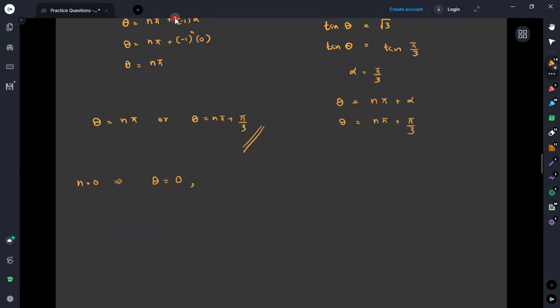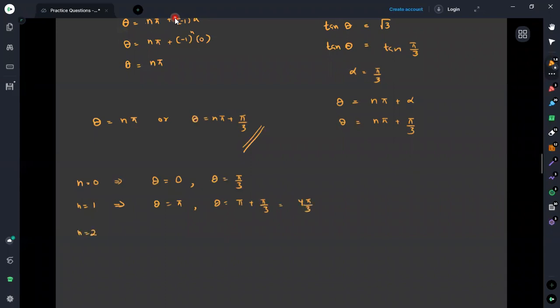And if you are substituting n equals 0, then we'll get theta equals pi over 3, which was the principal solution for the second factor we got. And if you substitute n equals 1, we are getting theta equals pi. Then the next possible value, with n equals 1, is pi plus pi over 3, it is 4 times pi over 3.